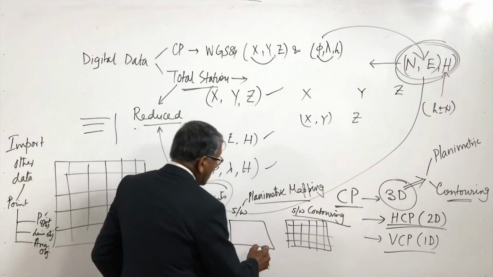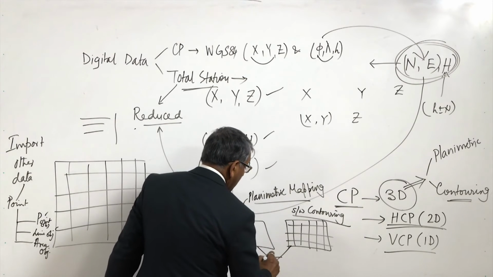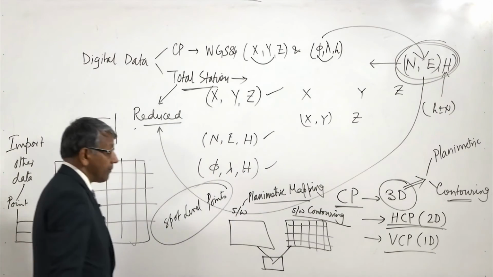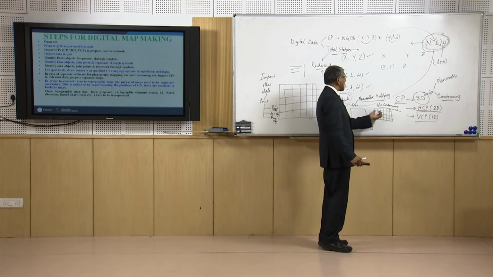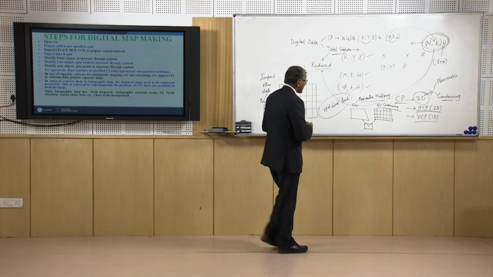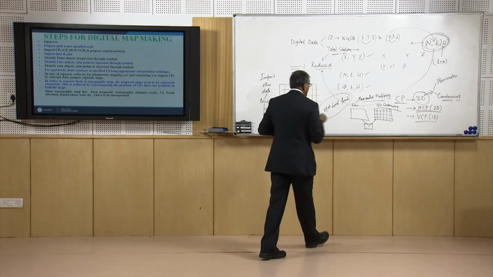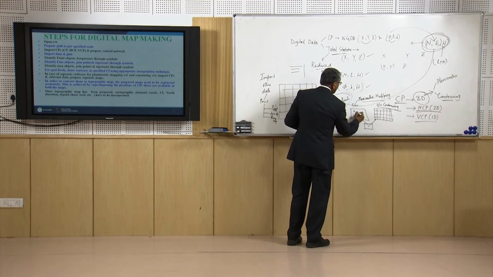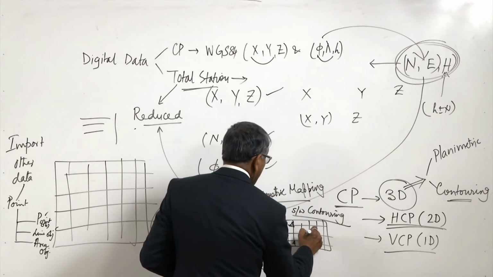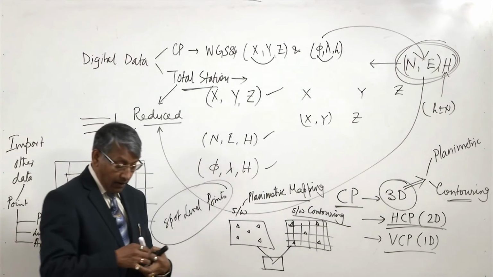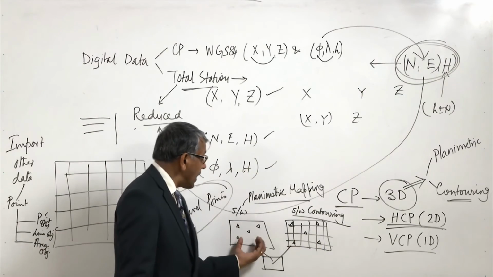Now because a topographic map is a summation of a planimetric map and a contour map, to generate the map out of these we should overlap the two maps by making use of the grids as well as the control points that have been plotted, the identical control points present in both maps. We use those control points as identical objects, and using them as the basis we can merge one map over the other.